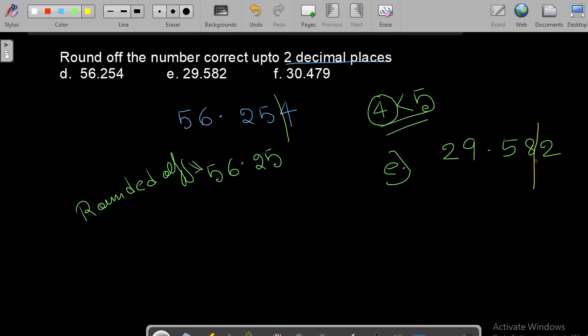The digit immediately next to the cutoff line is 2. So this 2 is less than 5. So if that is so, what do we do? Like I said again, we do nothing. We simply write the approximated number as 29.58. That is our answer.